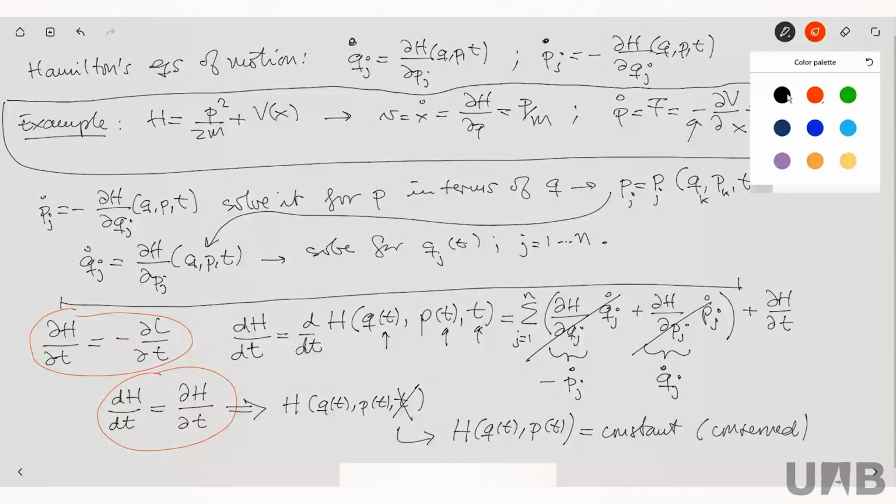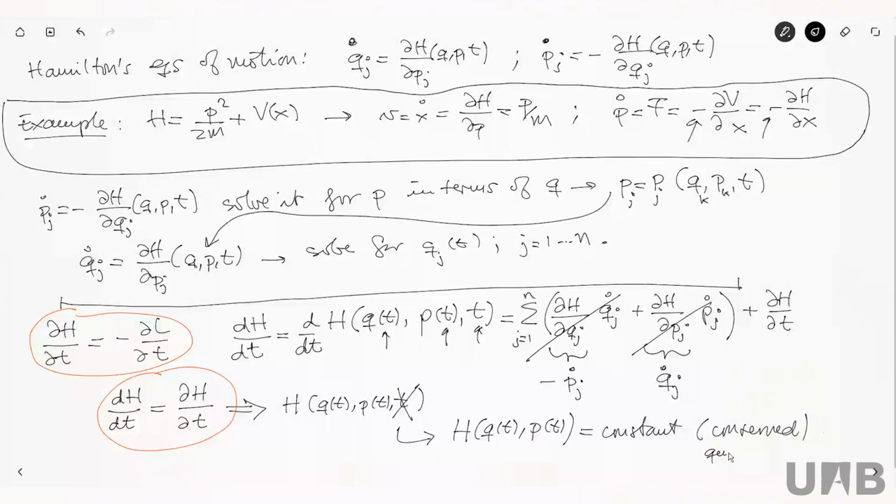Whether it is the energy or not, the conditions for the Hamiltonian to be the energy are different ones, and we'll look at them at some point. Actually, maybe today. Well, maybe not today, but the next day. Okay. So that's another thing.